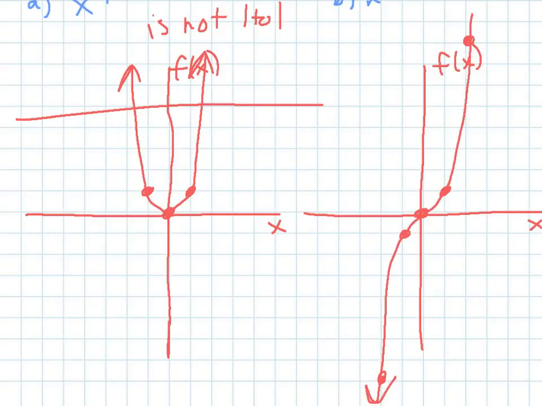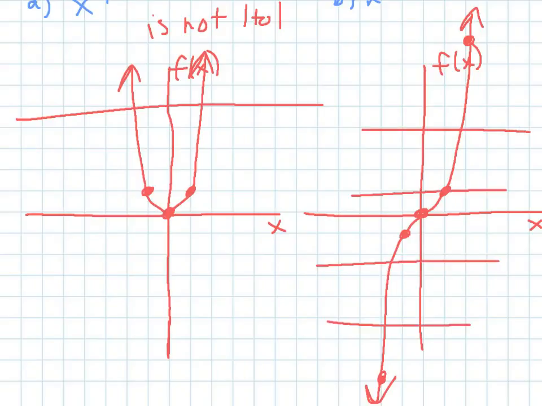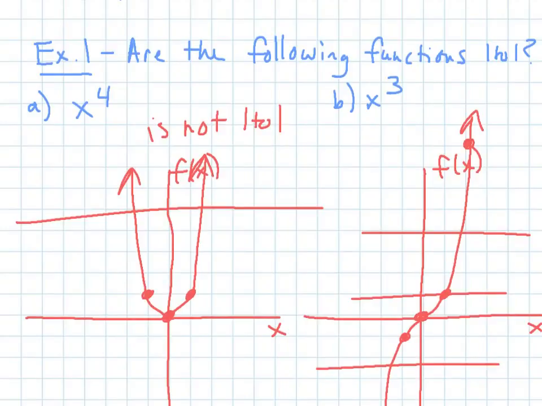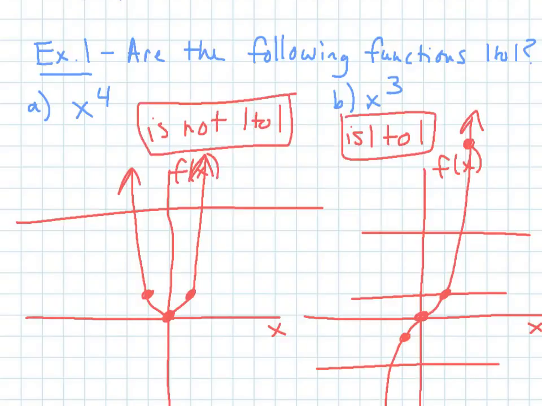Now if we look at x cubed, I can draw many horizontal lines. Here I never cross my graph twice, so this one is one-to-one. Okay, so that's what they're looking for if you're using the horizontal line test.